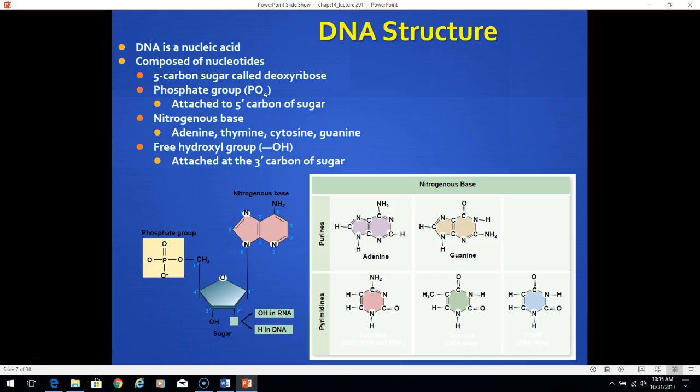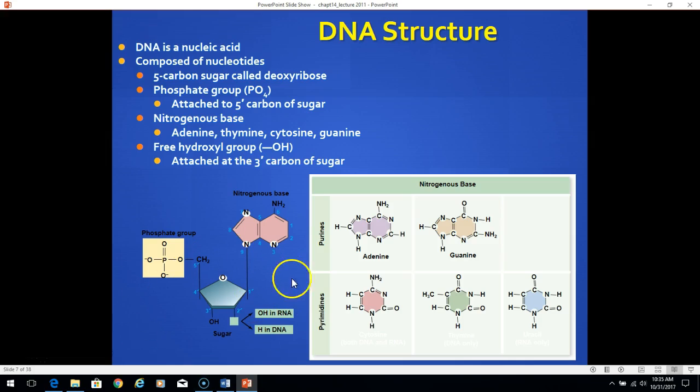And so DNA is made up of a deoxyribose, which is the sugar right here. And what's interesting is that there's only one small change between RNA and DNA. DNA has a hydrogen here at carbon 2. And notice here how we label the carbons 1, 2, 3, 4, 5. That's going to be important in the way that DNA is synthesized.